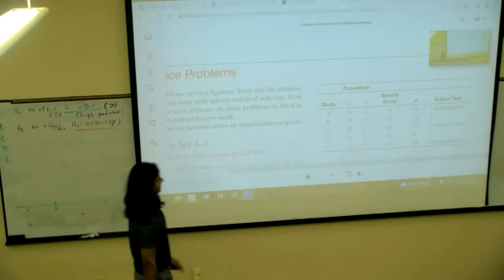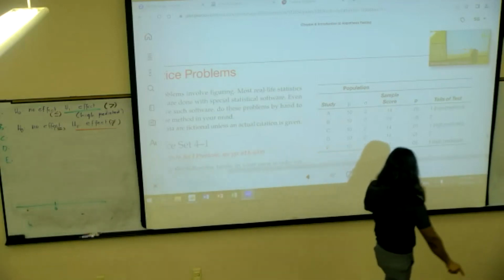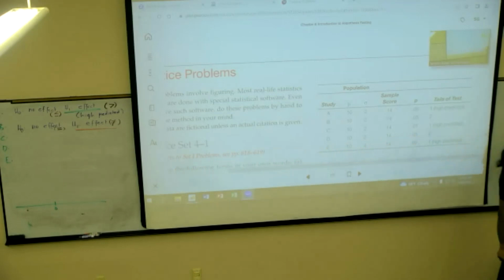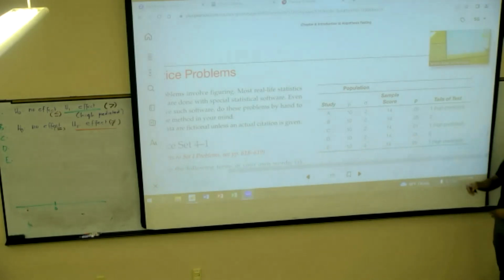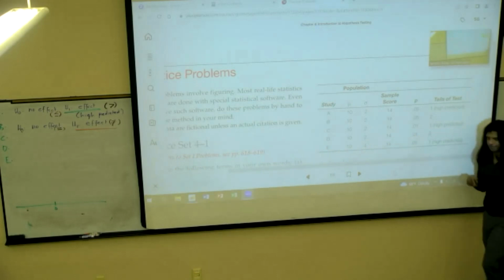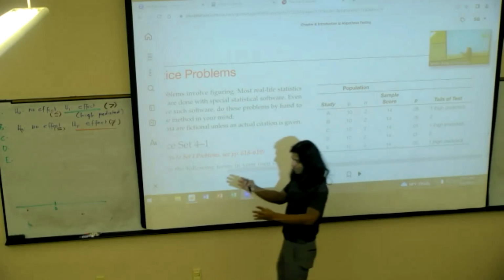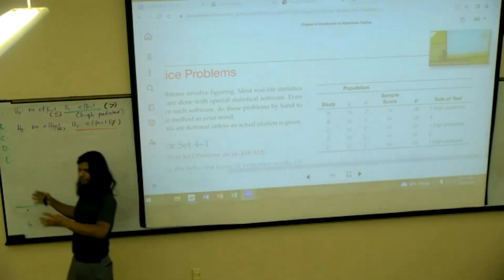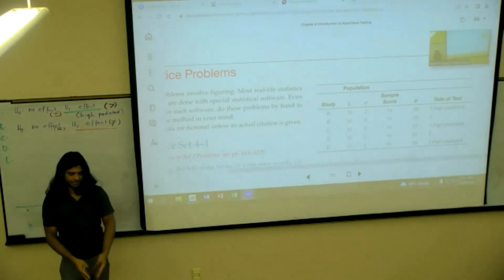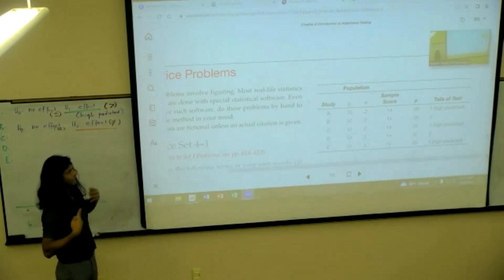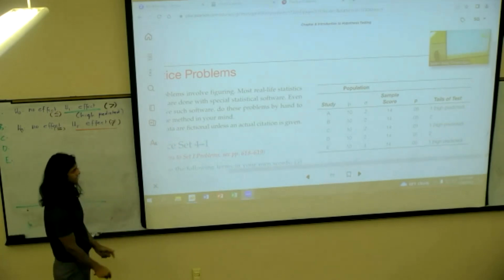The next step is to look at the type of test. This is a one tail test, unidirectional. It says high predicted. Null always means no effect. Alternative, there is an effect. You are testing for the alternative.